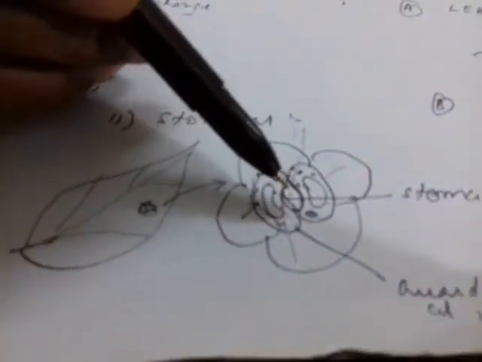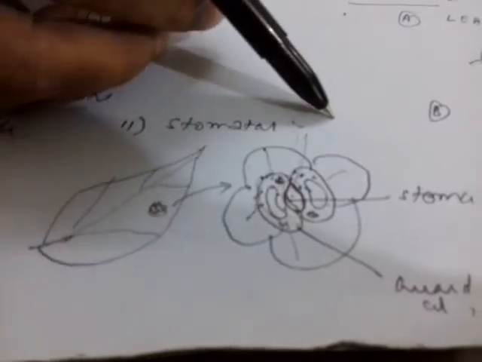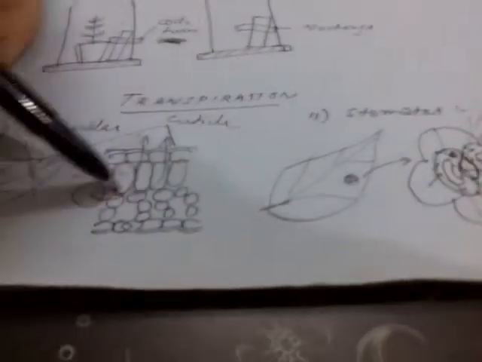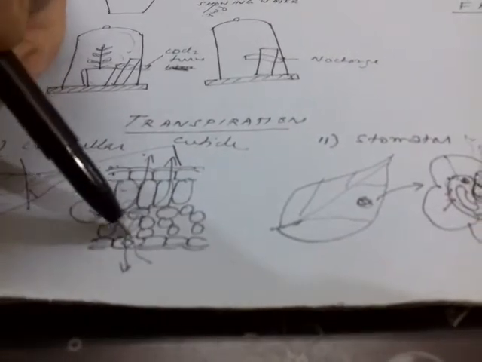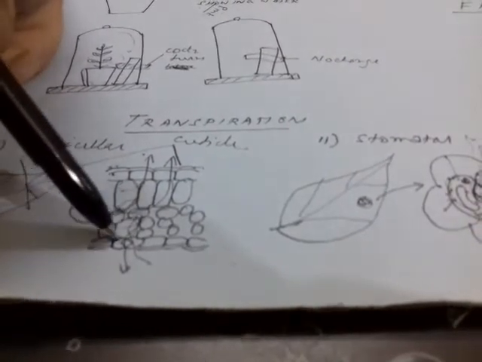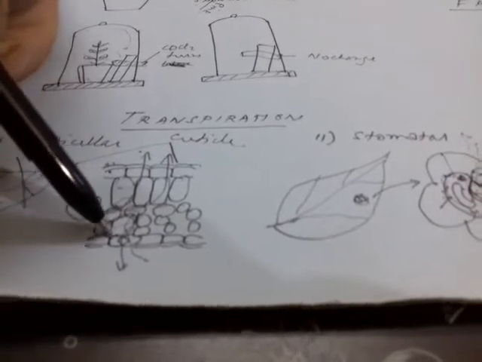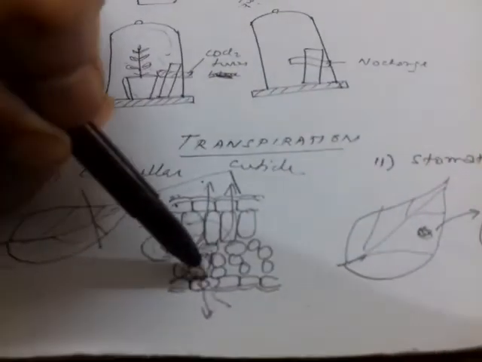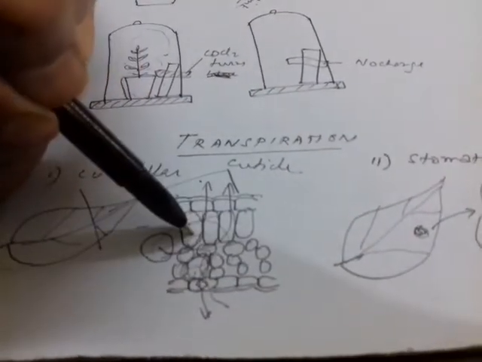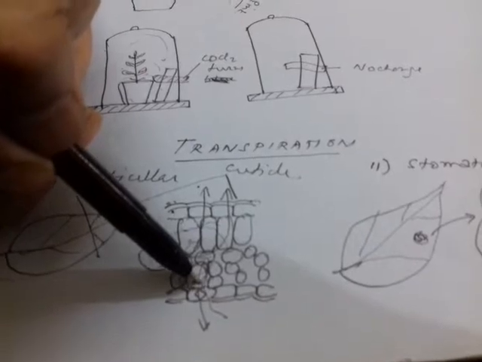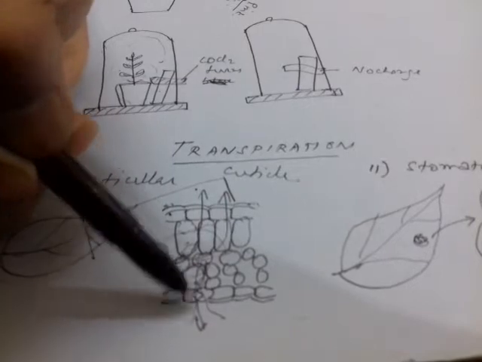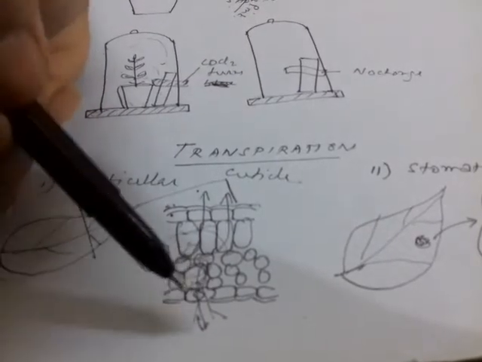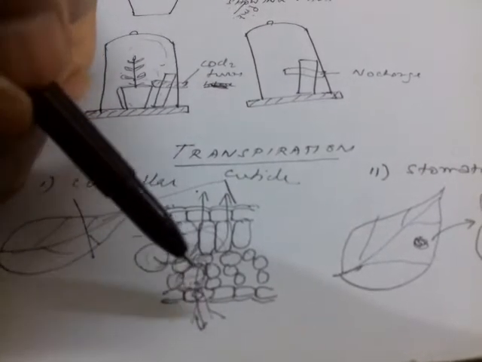So in stomatal transpiration, the water from the cells moves out when the stomata is open, because in the substomatal airspace there is sufficient moisture, and the cells are already hydrated. If the stomata is closed, they cannot move out, but if the stomata is open, they continuously move out through the stomata, and that is called the stomatal transpiration.